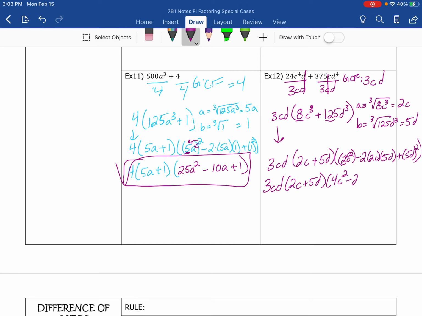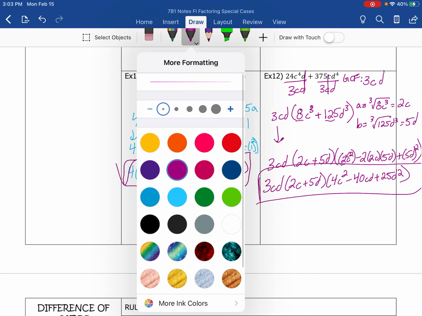That part's okay. I remember to square each part, so that's going to be 4C squared minus 40CD plus 25D squared.